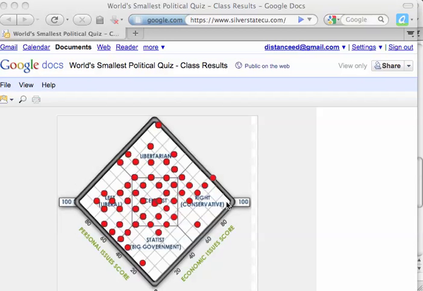The strongest Sharon Angle supporter would be right and up, and the strongest Harry Reid supporter would be down and to the left. That's just the way this plot maps out. So Democrats, down and away; Republicans, up and over.